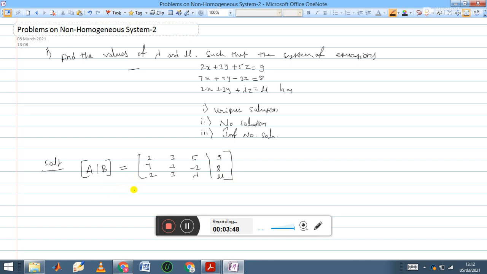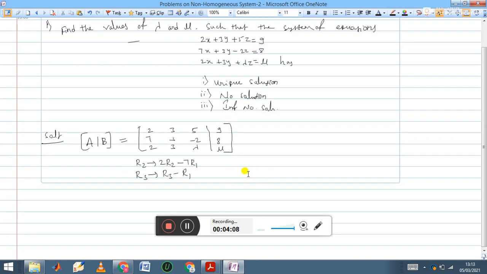For that, your operation R2 implies 2R2 minus 7R1, and your next row operation R3 implies R3 minus R1.